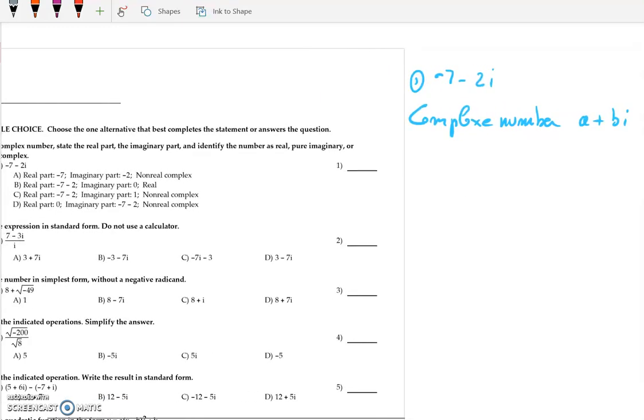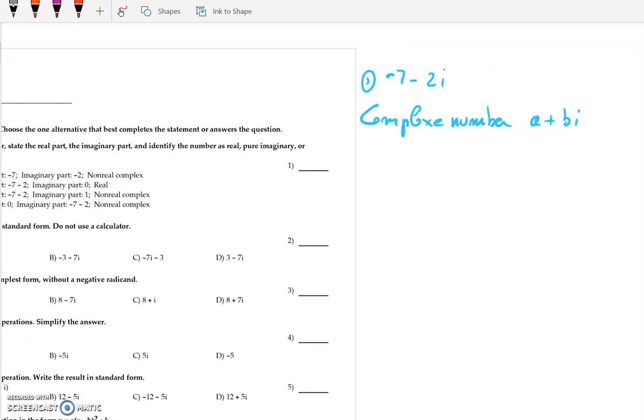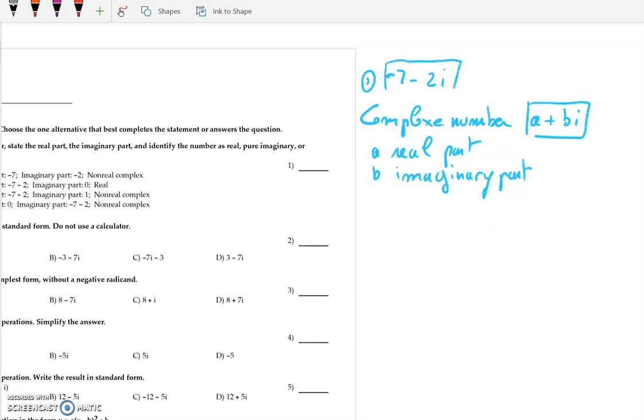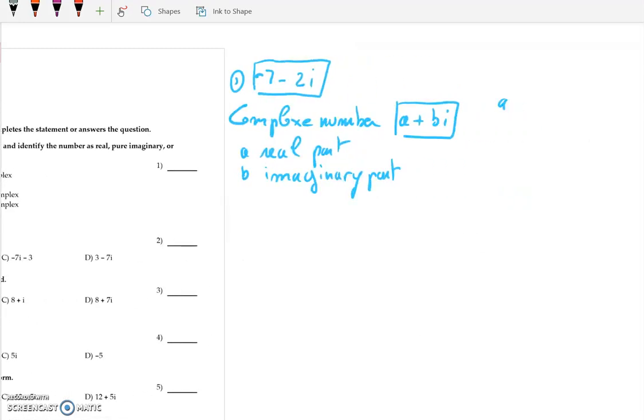A is the real part, and B is the imaginary part. So when I compare a plus bi with -7 minus 2i, I can easily say that A equals -2 and B equals A equals -7.